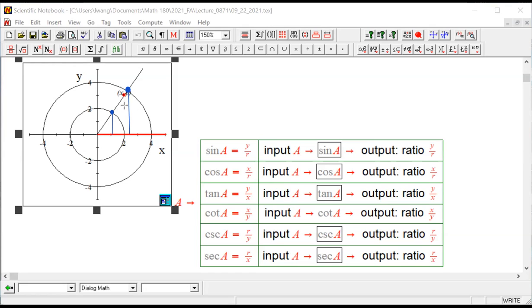They're similar triangles, aren't they? If they're similar triangles, the ratio of one side to the other is going to be the same no matter what the radius is.